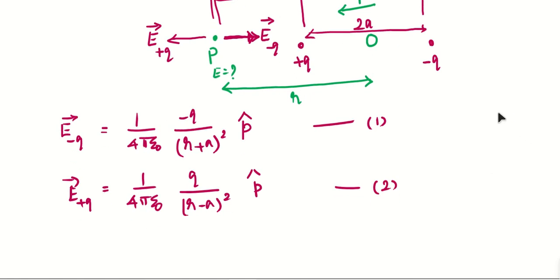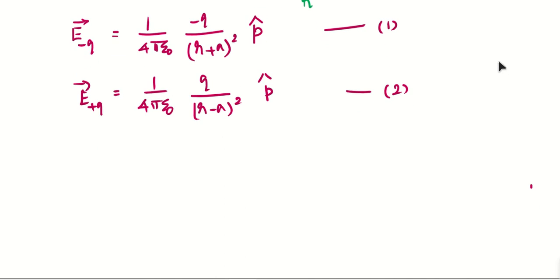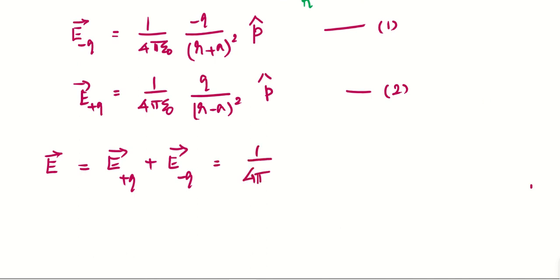Now we have to find the total electric field at point P. So we write the total electric field at point P equals E plus q plus E minus q, which is equal to 1 by 4 pi epsilon naught, times q divided by r minus a whole squared.